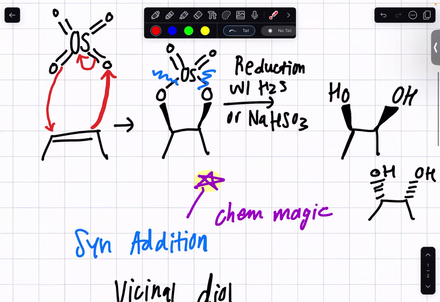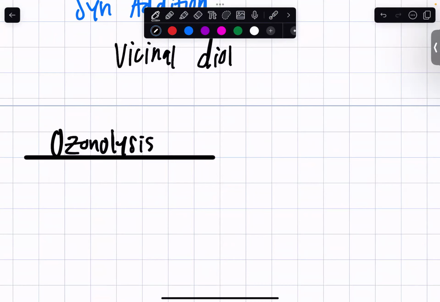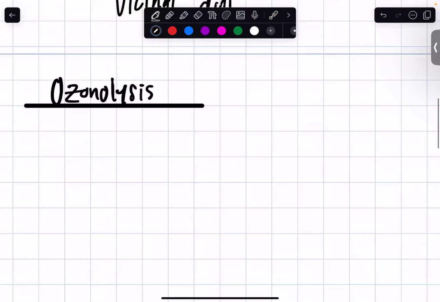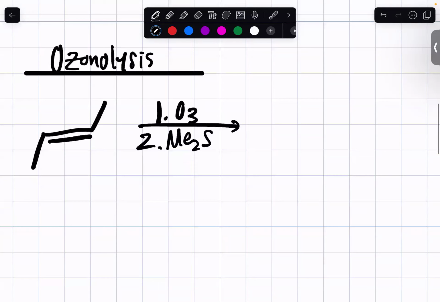Okay. Now let's go over ozonolysis, where the general reaction is that let's say we have an alkene, right? The reagents are O3 as the first step. The second step, you usually see dimethyl sulfide or zinc with acetic acid.